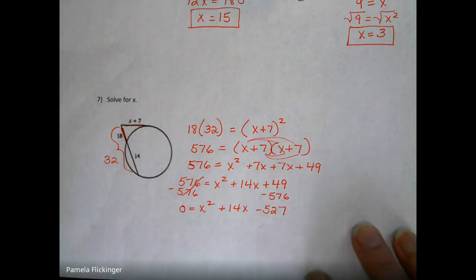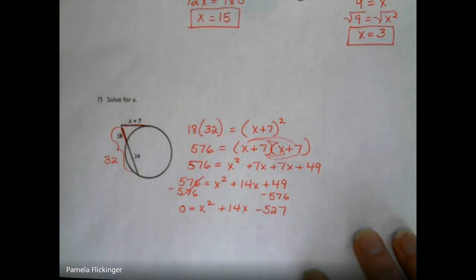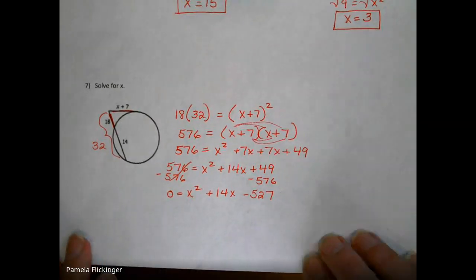Now again, we could try to factor this. So we would look for 2 numbers that multiply to be 527. Not sure I'm going to get it real quick. So let's do the quadratic formula since I'm not getting it really fast.